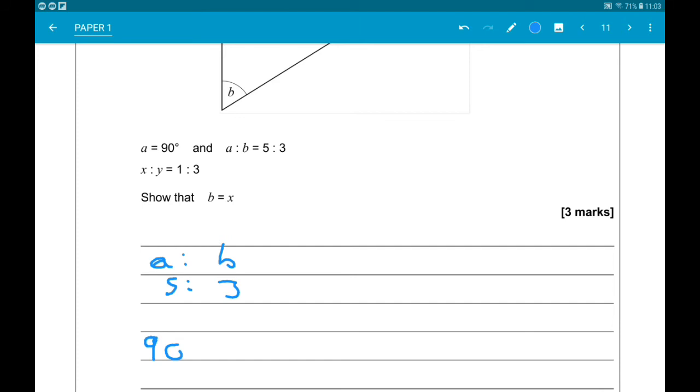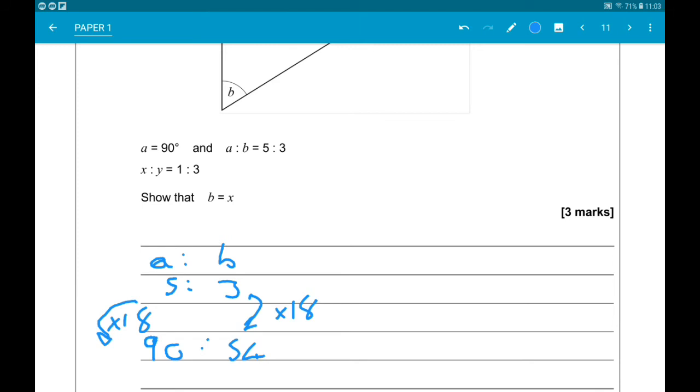So we need to work out 90 divided by 5, which is 18. So to get from 5 to 90, we multiplied by 18. So we do the same thing to 3. 3 times 18 is 54. So angle B is 54.